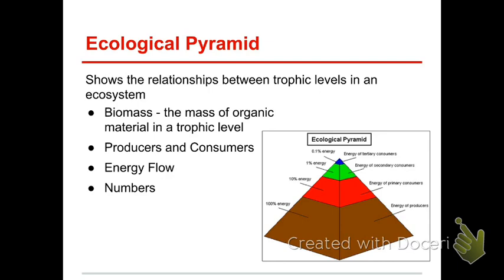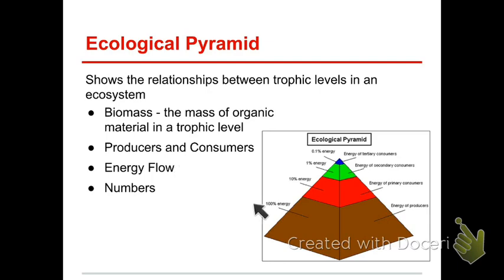Took all the grasshoppers, and you could find their biomass. Okay, it's more of a theoretical number because we really can't do it accurately, but the producer would have the most biomass. After all, they're the ones that are converting carbon dioxide into biomass. They're making the sugars, making the organic compounds. Okay?